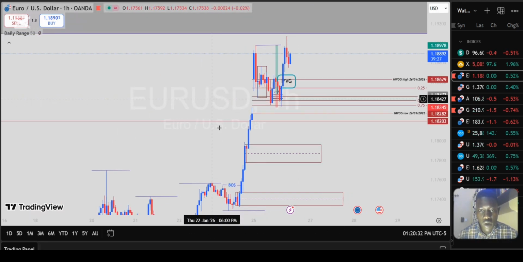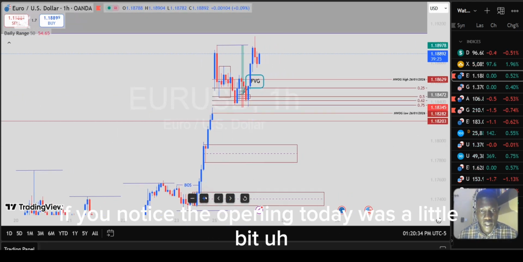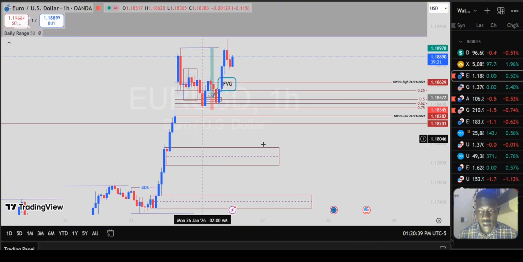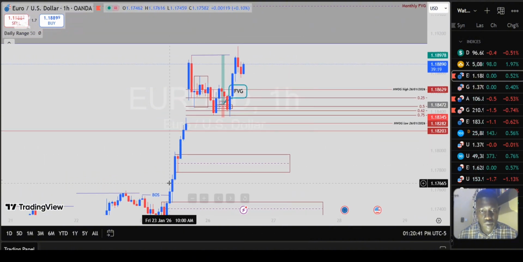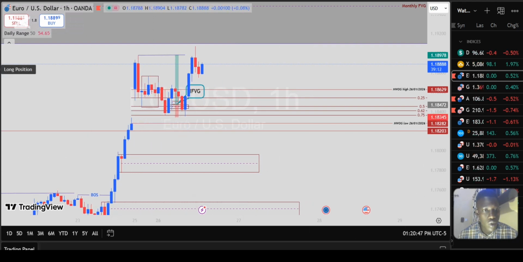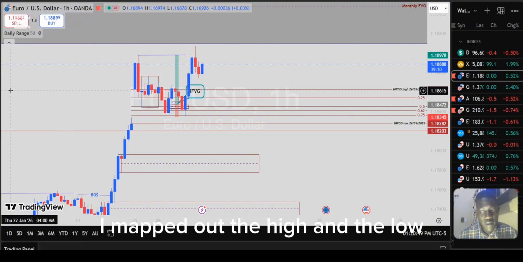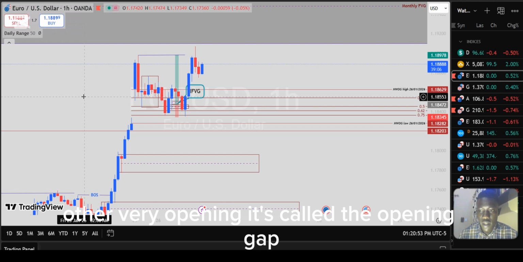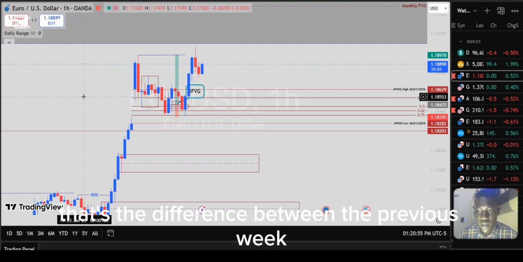If you notice, the opening today was a little bit wide, and usually on a day like this, I map out the high and the low of that very opening. It's called the opening gap. That's the difference between the previous week and this present week.